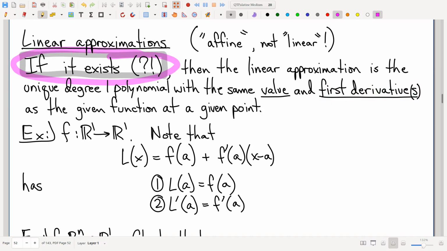Sometimes there is no linear approximation, right? Exactly what are these scenarios, and how do we know when there isn't really a good way to linear approximate a function? How do I see that coming? We'll talk about that in a bit. But for the moment, we're going to assume that the linear approximation exists, and if that's true, there will be exactly one such thing.